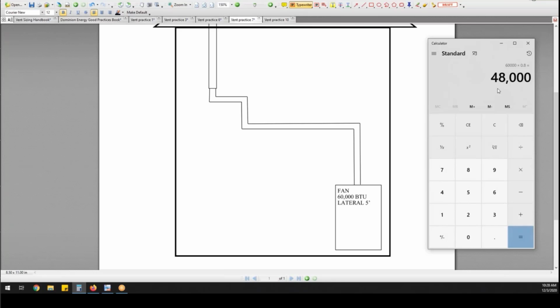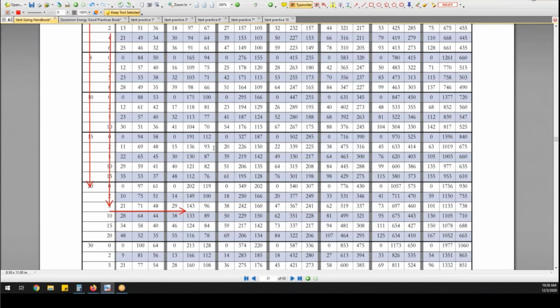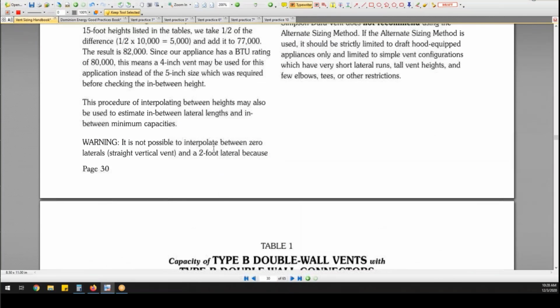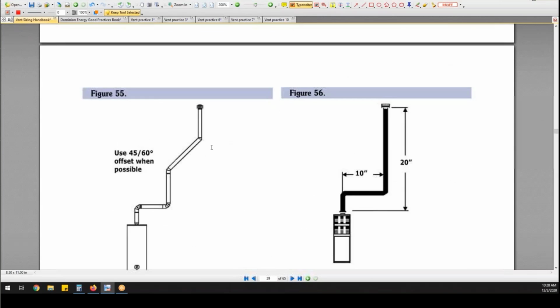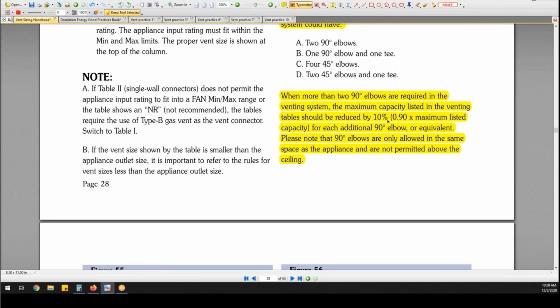So let's say I only had 1 extra elbow in it. The math would look like this: 60,000 times 0.9, because I lost 10% due to that 1 extra elbow. And if we go back to the vent sizing handbook that everybody read, back up here, they even give you an example of how to do it.